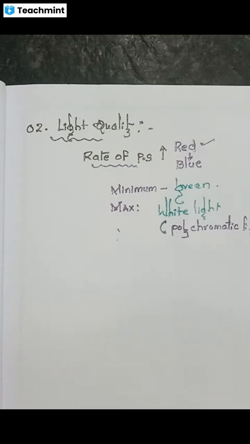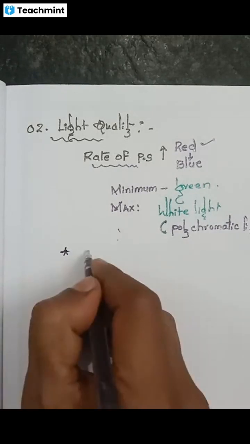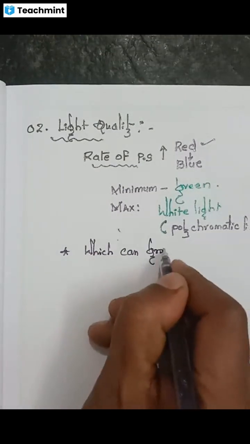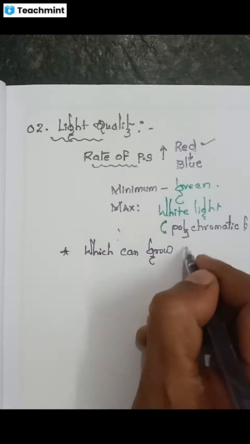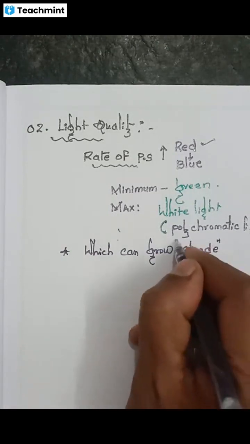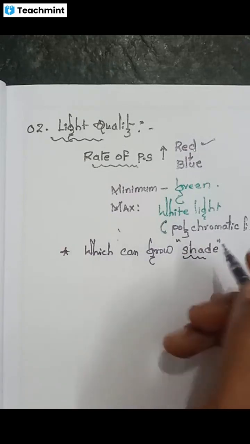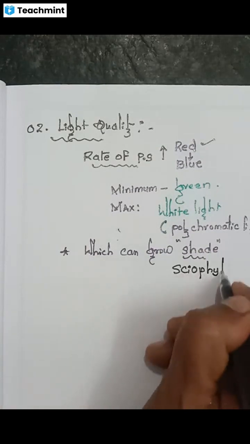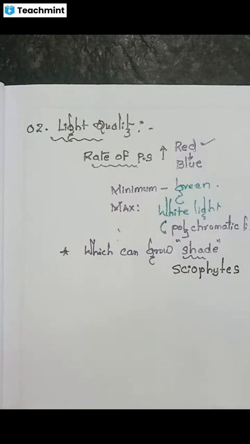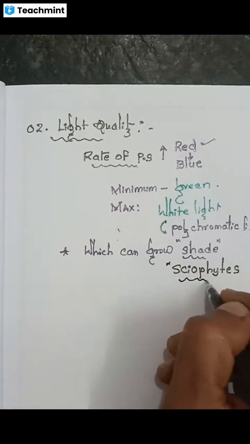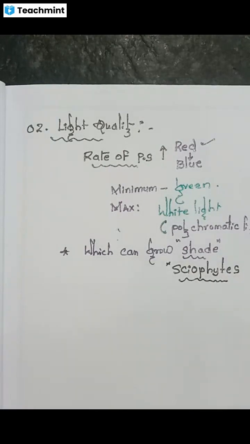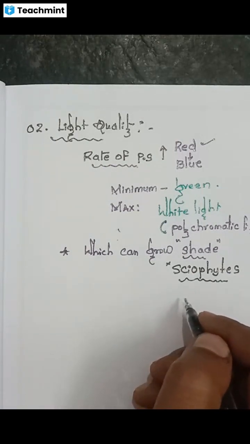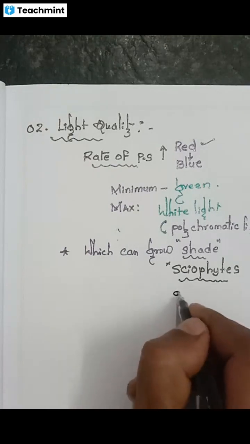Generally, the plants which can grow in shade areas are called sciophytes. The sciophytes have very sensitive and efficient photosystems to receive diffuse light.